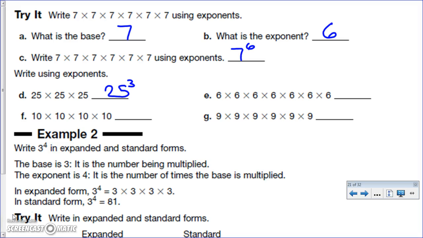So this is going to be 6 to the 7th. For letter F, we have 4 10s in a row. So we already know from our previous worksheet that's going to be 10 to the 4th. Finally, we have a base of 9 for G, and then we have 6 9s there. So it's going to be 9 to the 6th.